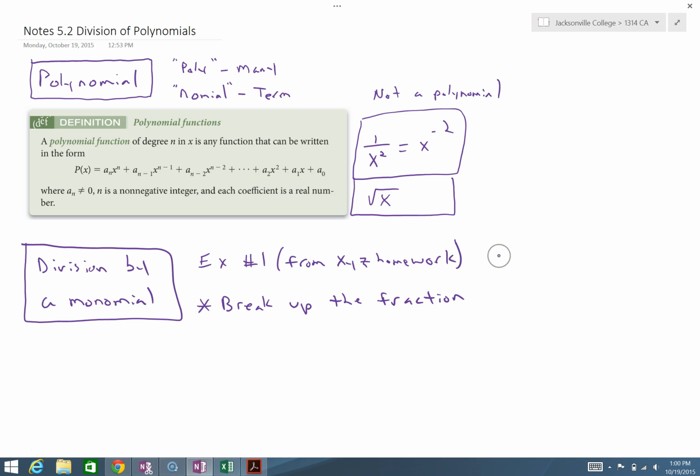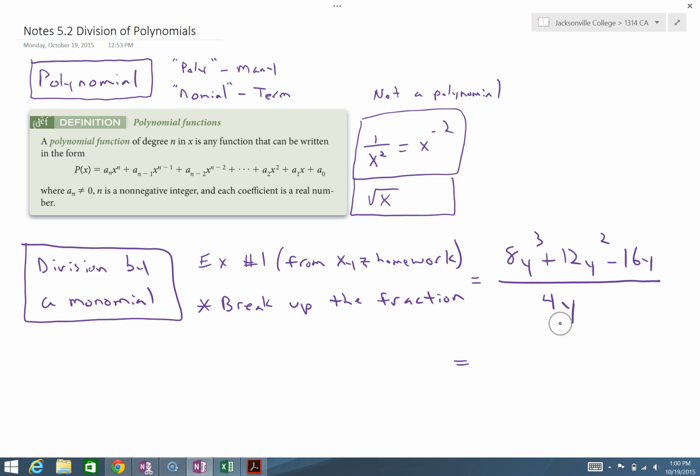This is number 1. 8y cubed plus 12y squared minus 16y, and we are dividing that all by 4y. All right, so here again we're dividing by a monomial. The divisor, the denominator, is one term, 4y. Well, what I'm going to do is break this quotient up into these 3 parts.